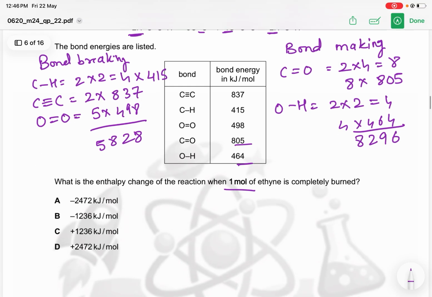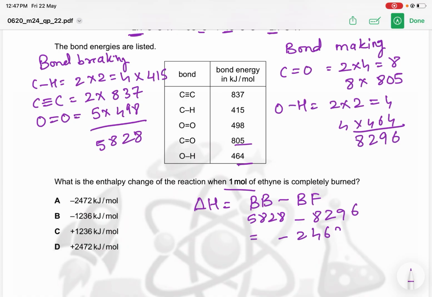Now we know that it is bond breaking minus bond formed. Delta H is equal to 5828 minus 8296, which is minus 2468.